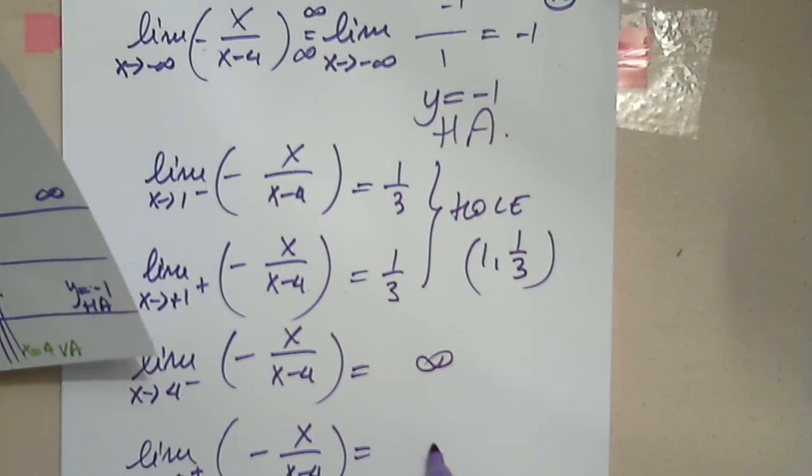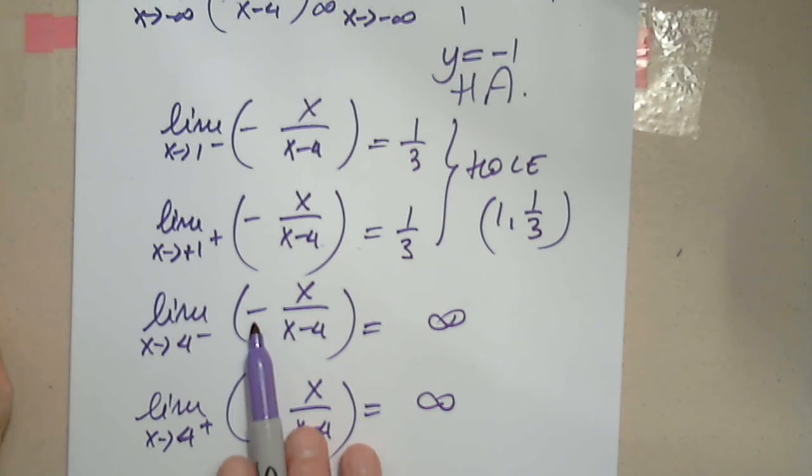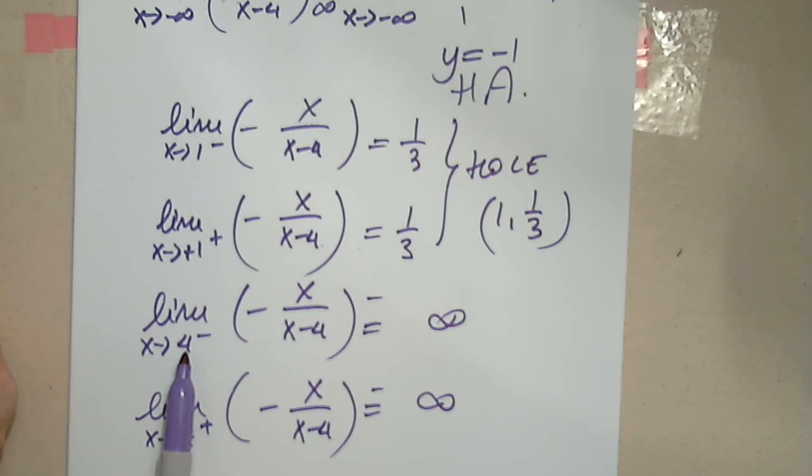I know that these must be infinities, no question there. So 4 from the left is a negative number at the top, but 0 in the denominator, but 4 from the left will be 3.9.